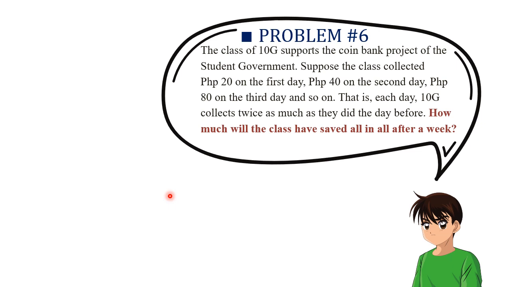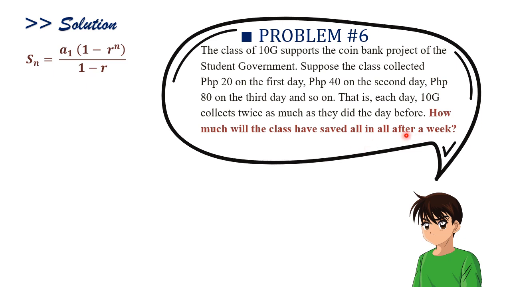But let us identify this time, what are we going to solve? Is it a specific value of a particular term again, or are we going to find the series or sum? Okay, so actually we are going to find the sum, because here we do have the synonymous term or words for sum or series. So how much will the class have saved all in all? So all in all means sum it up, or summation.